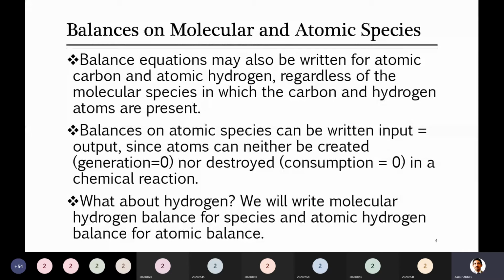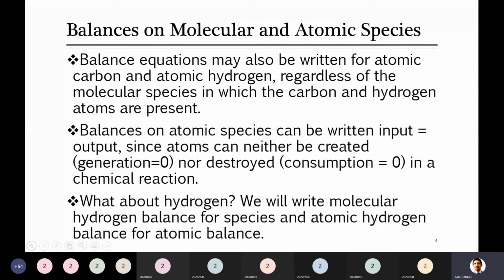When I write a balance on hydrogen, will it be a species balance, an atomic species balance, or a molecular species balance? Molecular species. Atomic. Molecular species. You have to take care of this. If you are going to use H2, H2 is for molecular species, and simple hydrogen, or atomic hydrogen, is used for atomic balance.